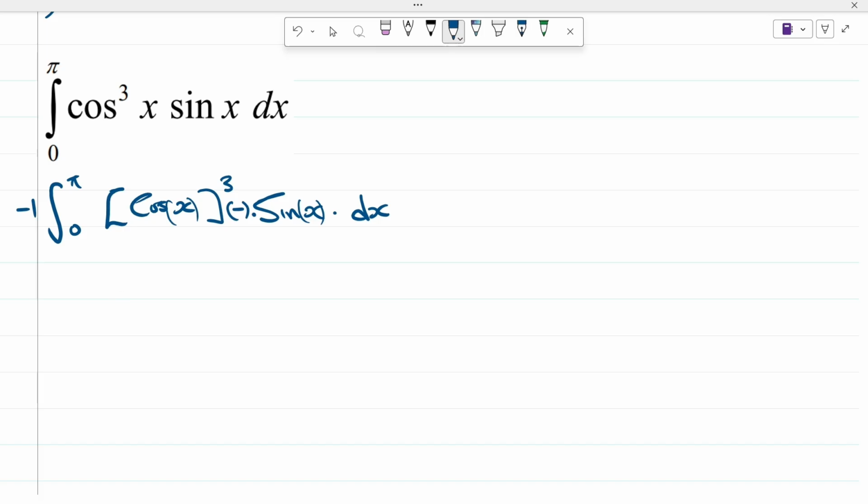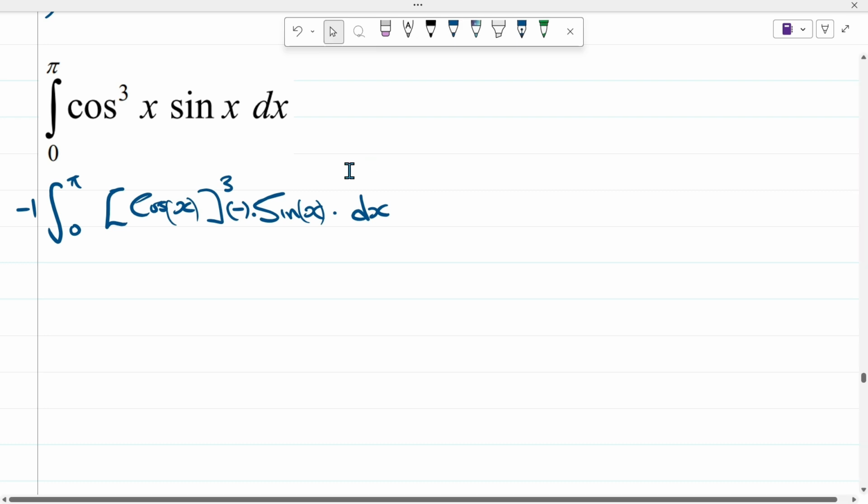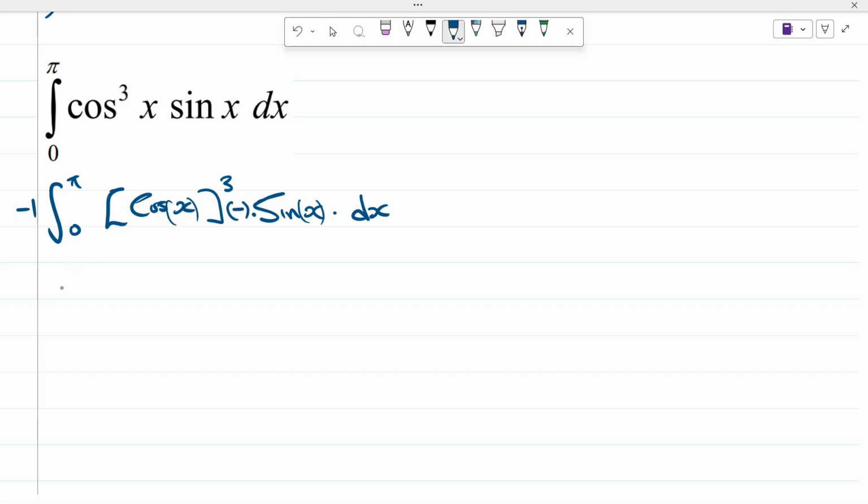From here, since we have the main function and the derivative of that function, we can use the general power rule. So this is going to be negative cos of x to the power of 3 plus 1, that's to the power of 4, divided by 4.